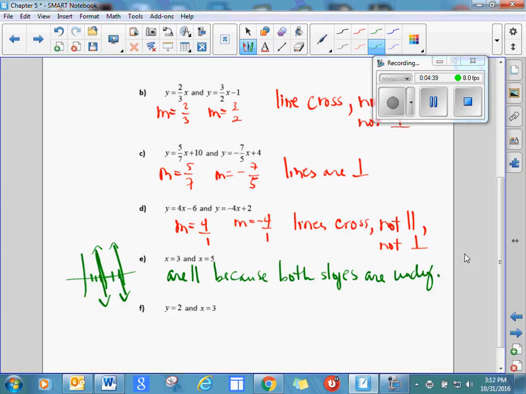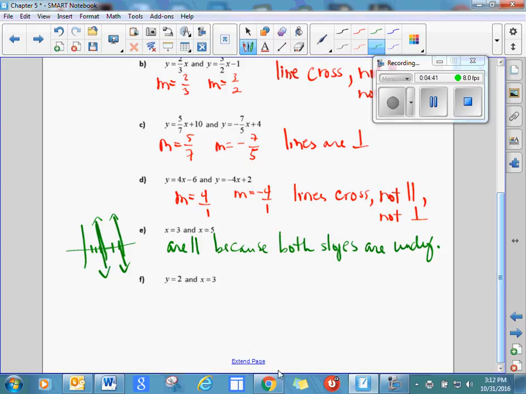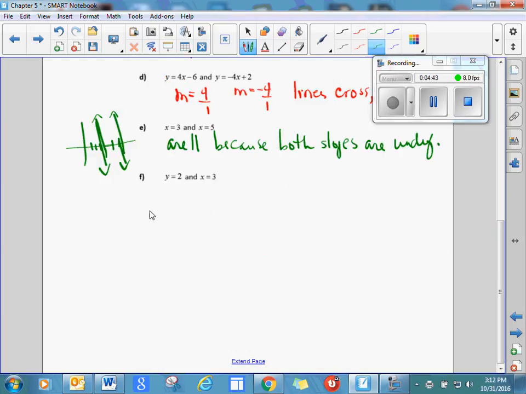And then this one, y equals 2, if you graph it, it crosses the y-axis at 2. And x equals 3, 1, 2, 3, it crosses the x-axis at 3.